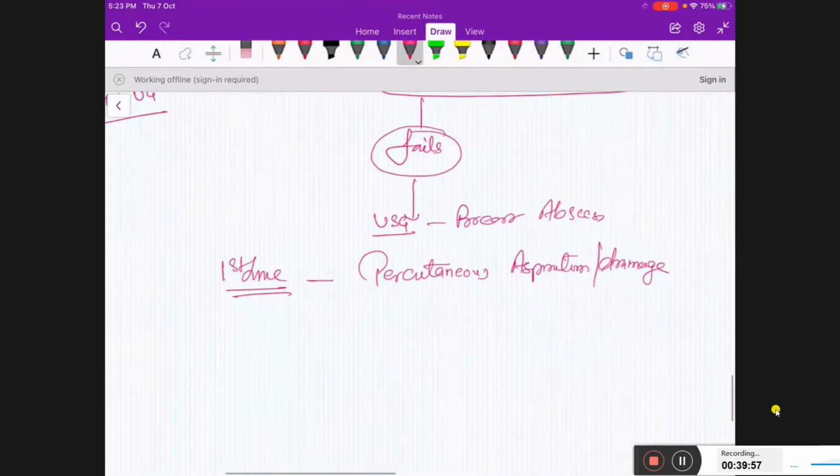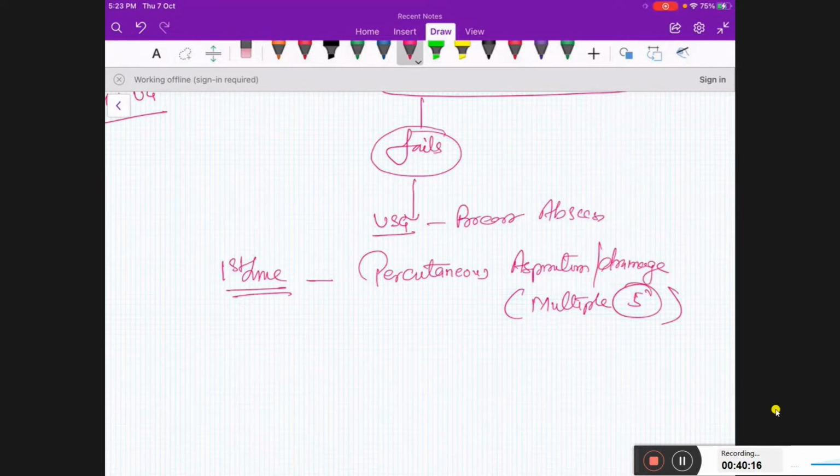Earlier, for breast abscess, we were doing incision and drainage. Now we should first do percutaneous aspiration or drainage, with multiple attempts, at least 5.